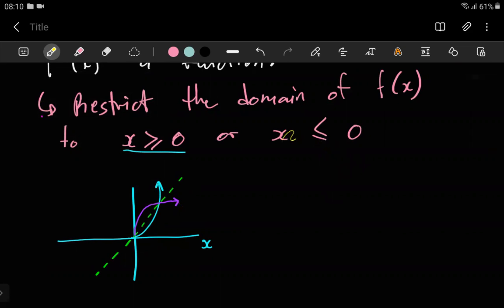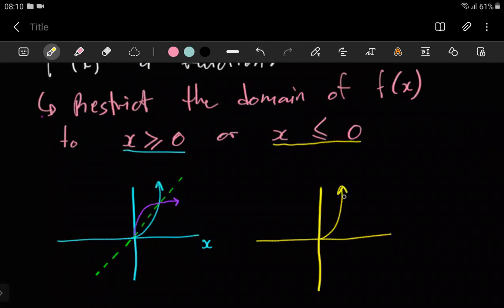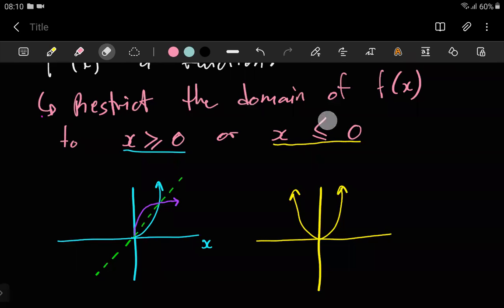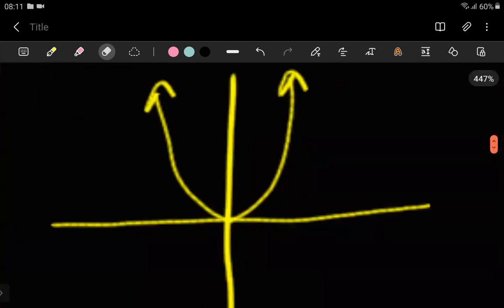The other option is if you restrict it to x being smaller or equal to 0, if you only consider the domain where your x values are smaller or equal to 0. So if you do that, instead of having a full image like this, you are only going to be seeing the parts where your x values are smaller or equal to 0.